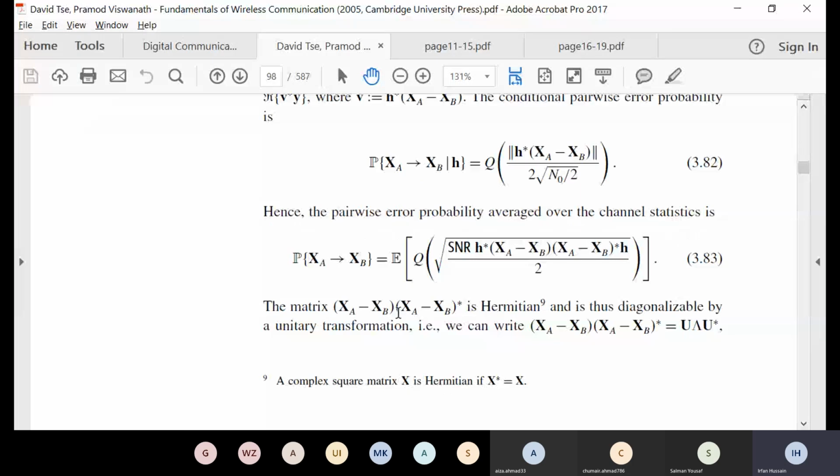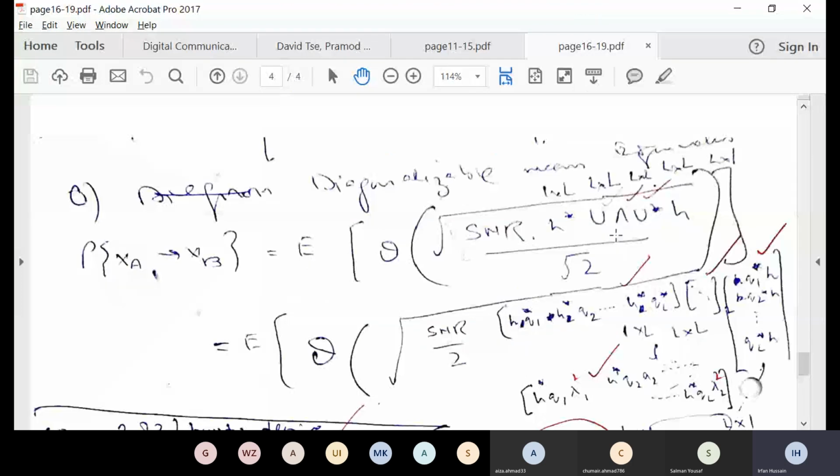If I write its eigen decomposition, I get an L cross L orthogonal matrix, the eigenmatrix, and an L cross L orthogonal Hermitian matrix. Once you decompose it, it just sees the total matrix, which is L cross L.